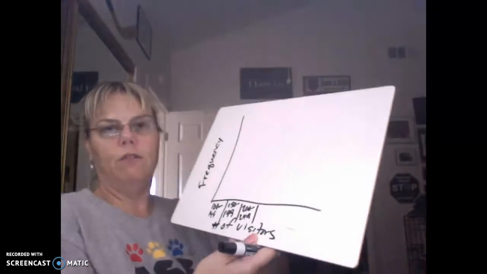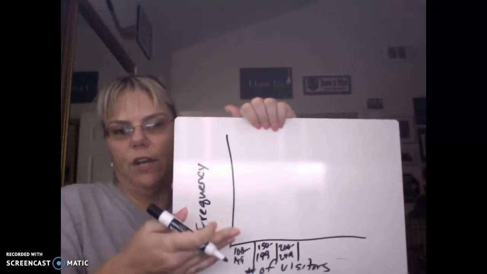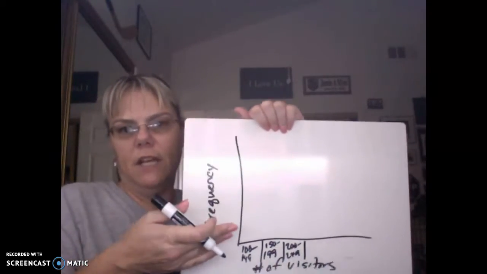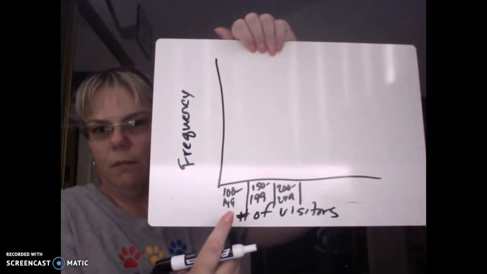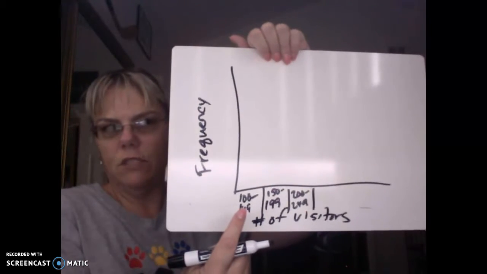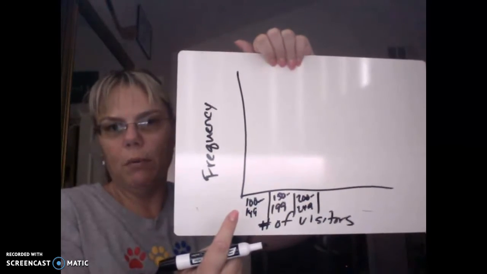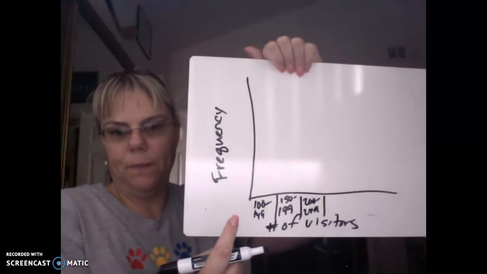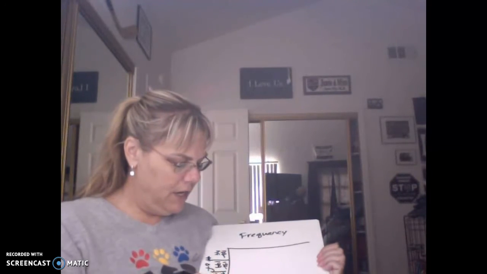I'm putting those numbers that we had on the side underneath visits now at the bottom like this. It's almost like a coordinate plane a little bit. All right, let me finish this real quick. I'm going to go 250 to 299, then I have 300 to 349, and the last one was 350 to 399.